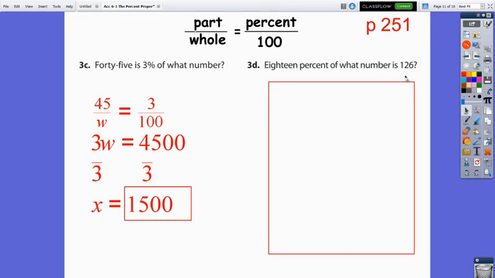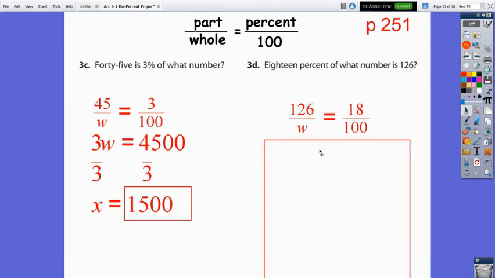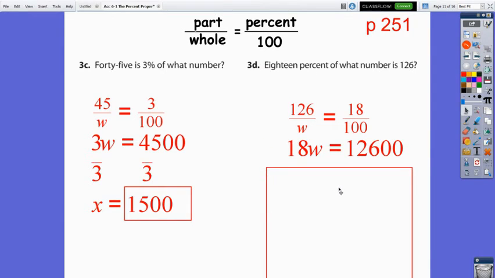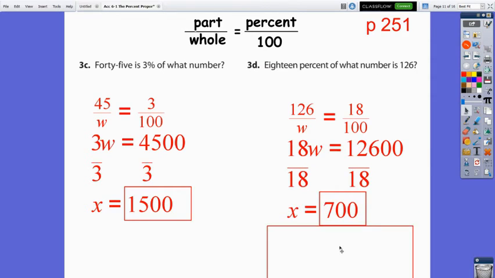And letter D, 18% of what number is 126? 18% over 100 equals 126 over what? Cross multiply. Divide to get your answer of 700.